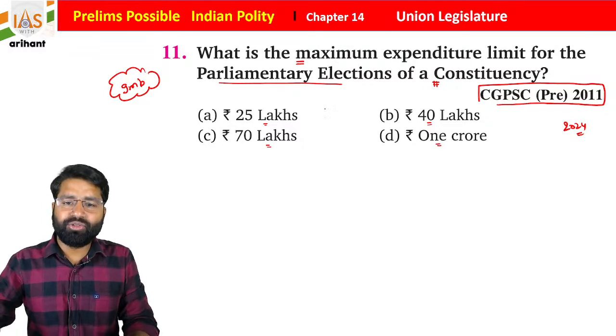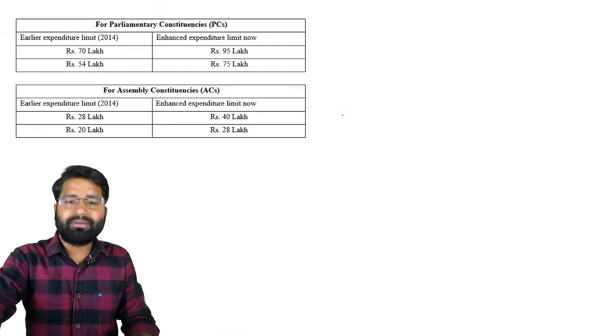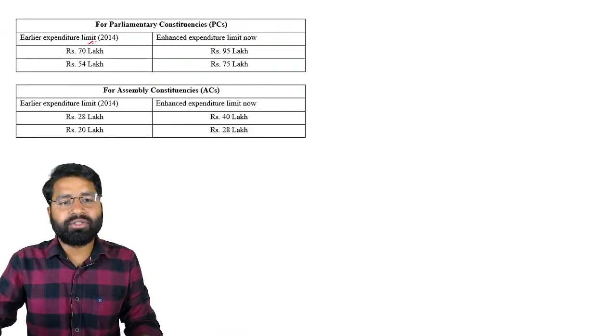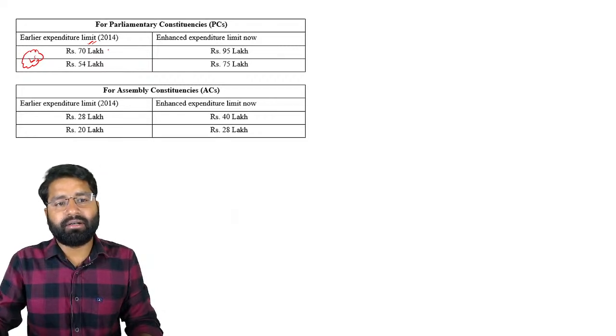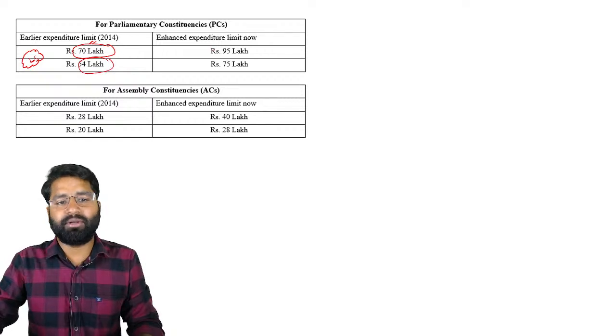So as I told you, students, this data will not work the same today, so that's why I added the data. In 2014, for the Lok Sabha, the limit was 70 lakh for the bigger state, 54 lakh for the smaller state.